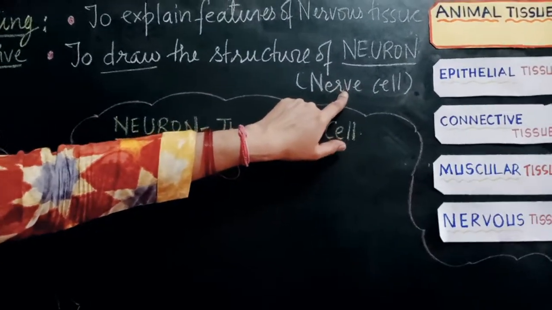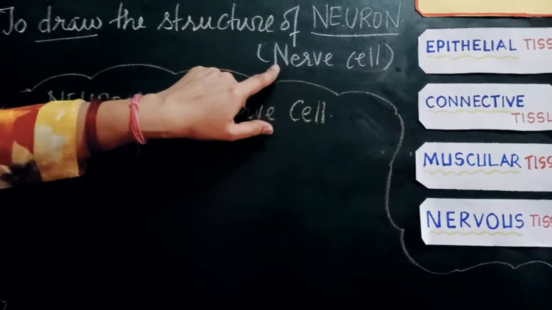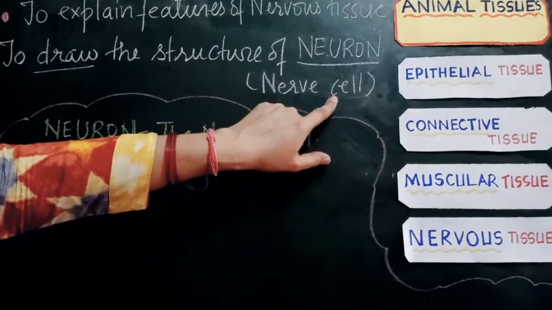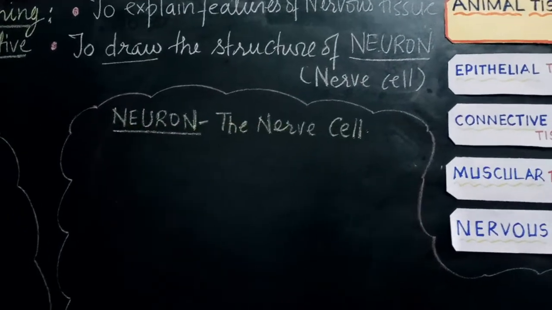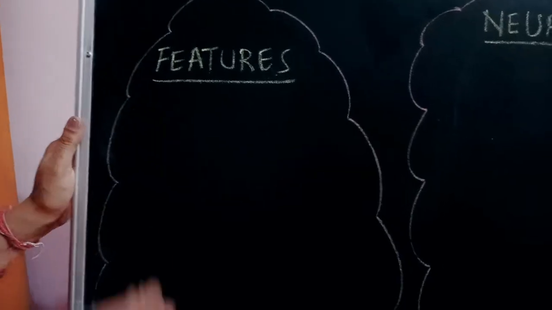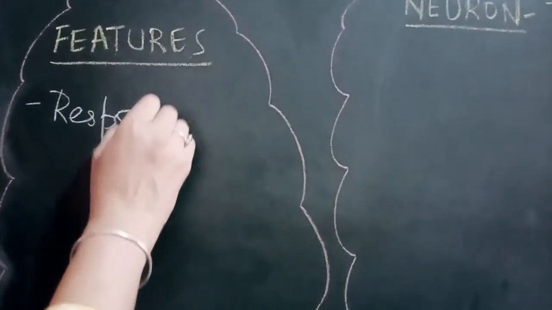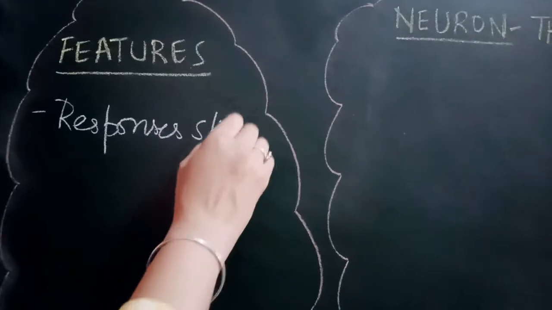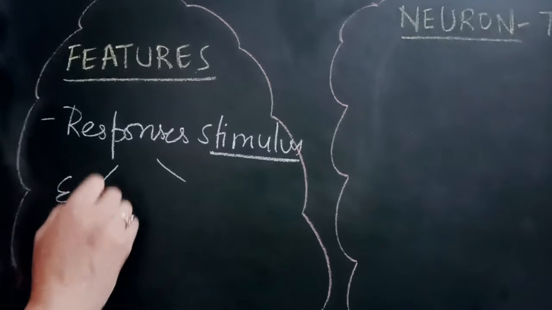Since it's a tissue, it will be made up of cells. So the basic unit of the nervous tissue is the neuron, also called the nerve cell. Start with features: it's a tissue which shows responses to the stimulus, whether external or internal.